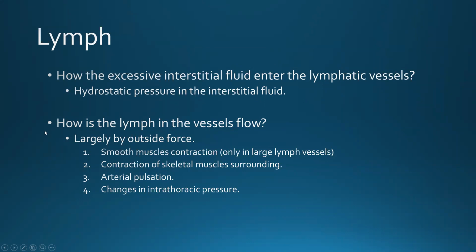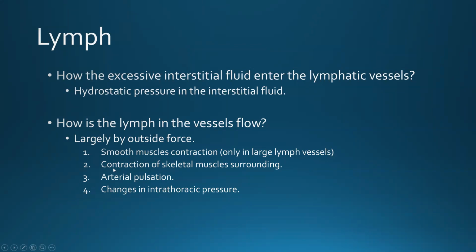Okay, how does the lymph in the vessel flow? The concept of lymphatic flow is actually the same as our veins. They are largely moved by outside force. They don't have their own pumping like the heart. We have the heart to pump all the blood, but the lymphatic vessels are largely moved by outside sources. Except for some of the large lymph vessels, which might have smooth muscle contraction, but only in large lymphatic vessels.